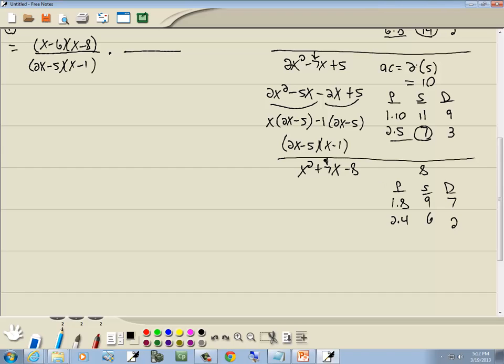The number we're looking for is 7, which is right here. So we're going to use 1 and 8. The larger number, which is the 8, will be the same sign as the middle term, which is positive. The number I circled in the difference column, D for different sign. So if the 8 is positive, then the 1 is negative. So this becomes x minus 1 times x plus 8.